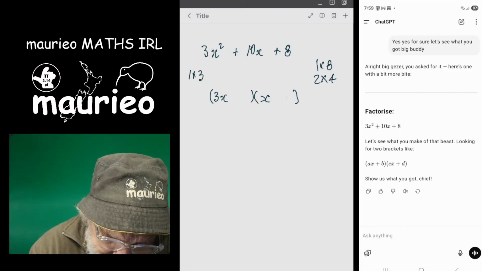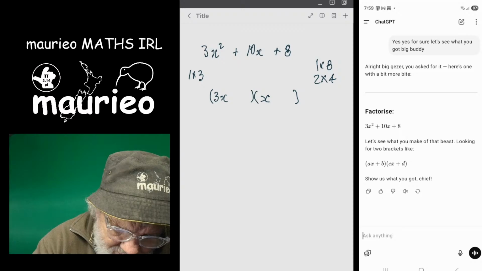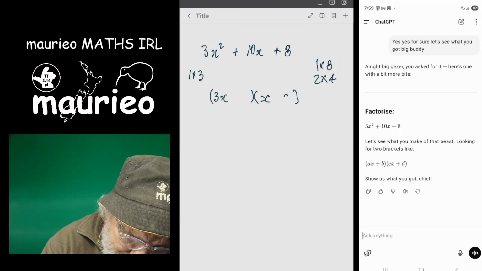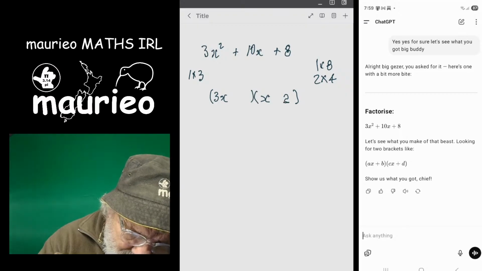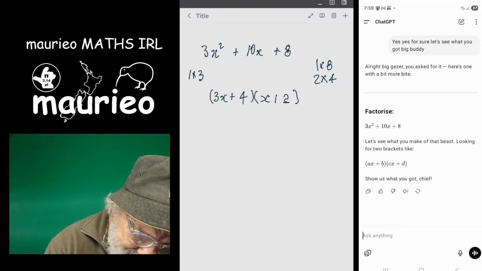But if we put the 2 there and the 4 here, they're all plus.